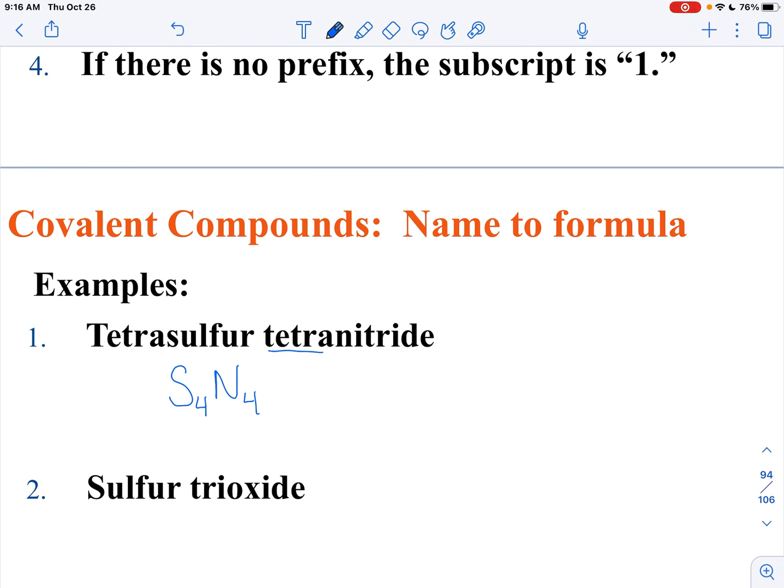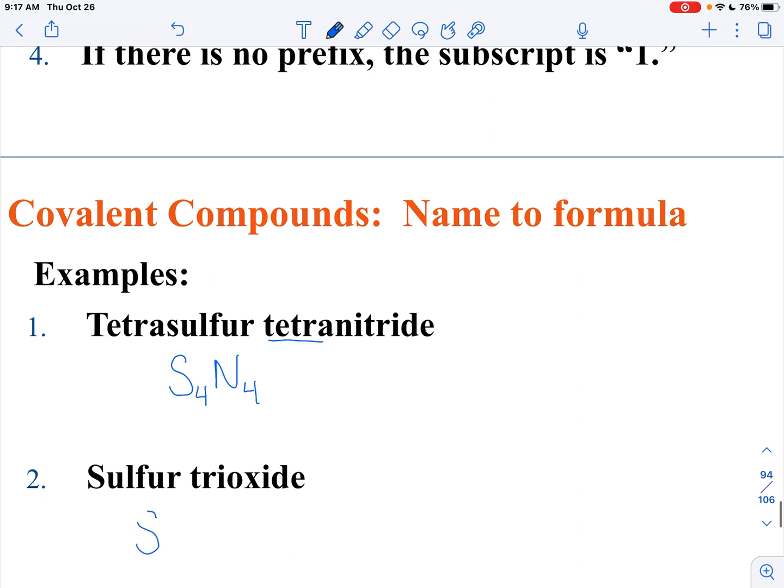Move on to sulfur trioxide. In our first word, the element's obvious because it's just sulfur. Remember, if you don't have a prefix, then the subscript is 1, but we're still not writing ones. Trioxide, the element is oxygen in that word.